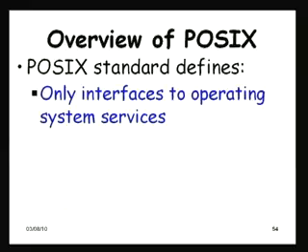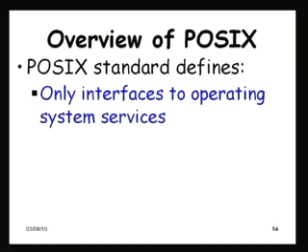Let us look at the overview of POSIX. One thing we must be clear about is that it is not an operating system by itself. It only defines the interfaces of the system services, that is, what the name of the service should be, what the arguments for the service should be, and what its semantics are.